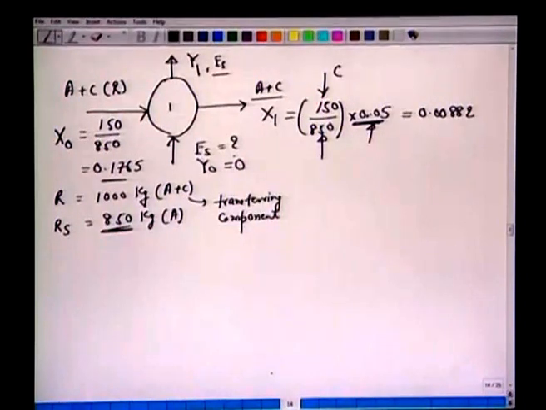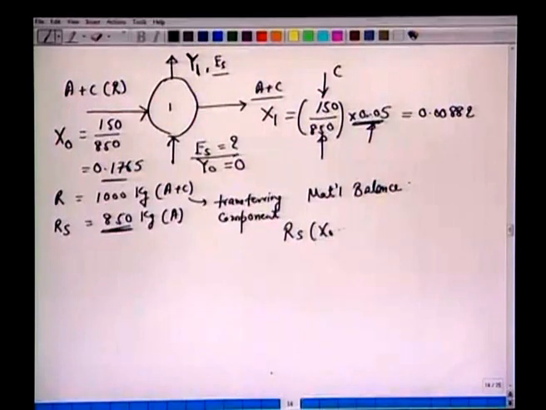Okay. And now we have another stream here which has mole fractions Y1, and this is your ES. So, ES will remain the same because we said it is a solid free basis, and Y1 is unknown here. How much is the mole fraction concentration in the exit phase here? Now, of course, we can write a material balance. All right, it is a very simple example. So, RS, the feed which enters here, x0 minus x1.